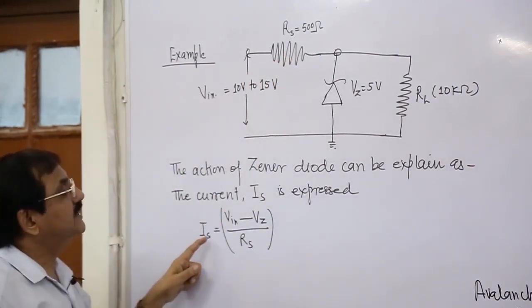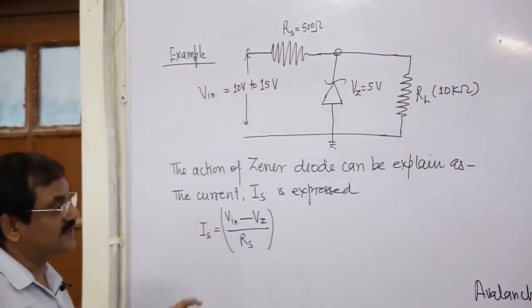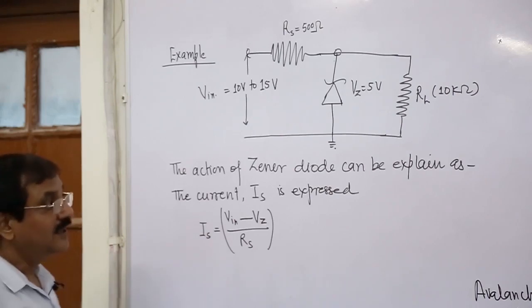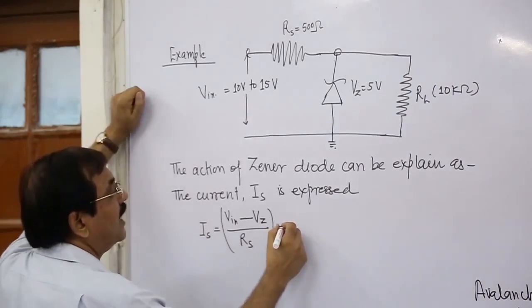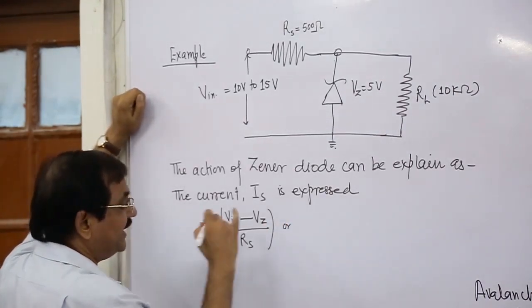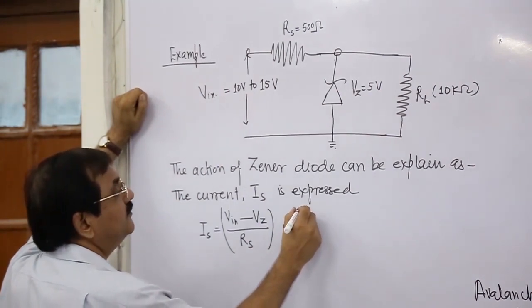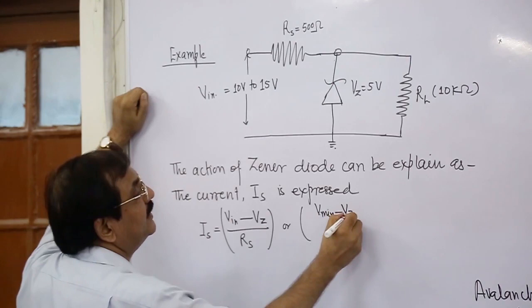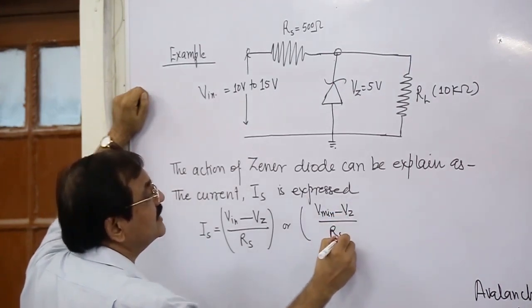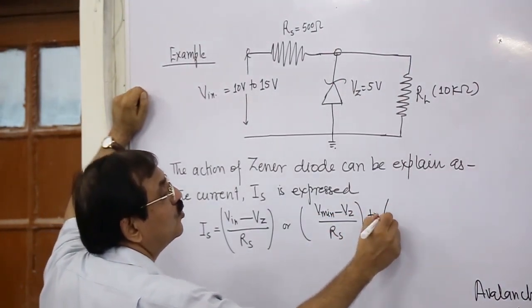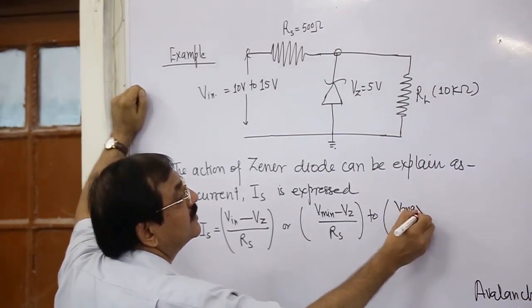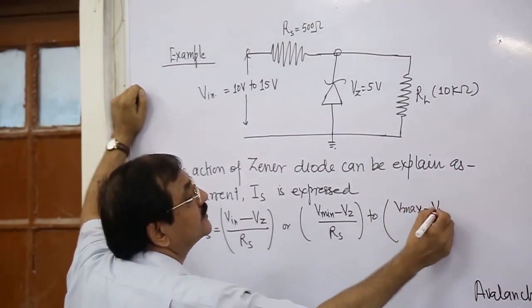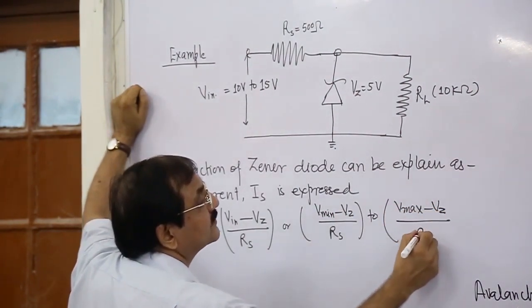So, V input minus Vz upon Rs is the variation. The variation can be V minimum minus Vz upon Rs to V max minus Vz upon Rs.